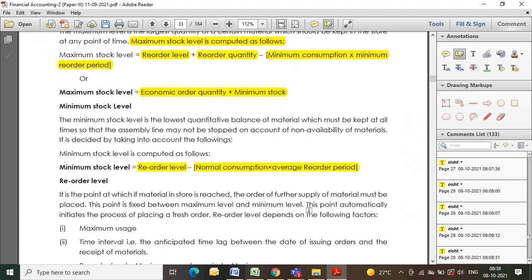Do you keep 100 kilos of rice at home? The answer is no. Why? Because excess may have insects coming in, right? And it will spoil also because your consumption is not that. So based on consumption, based on ensuring that it is safe, and based on space also, you will keep that material.